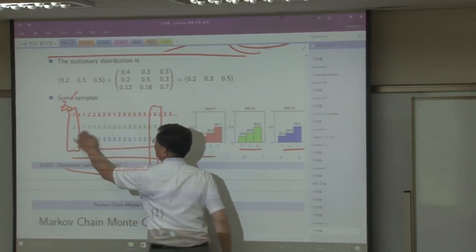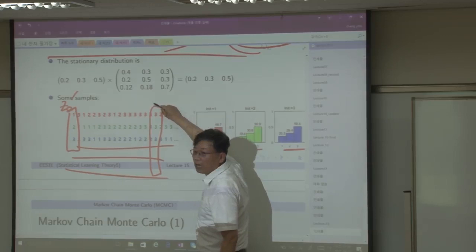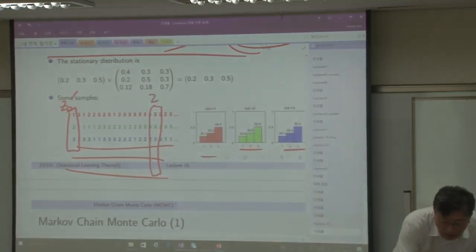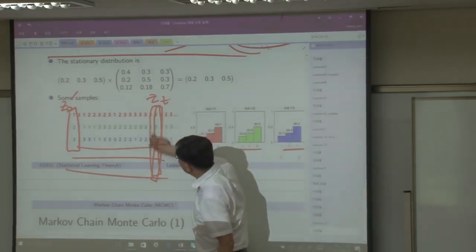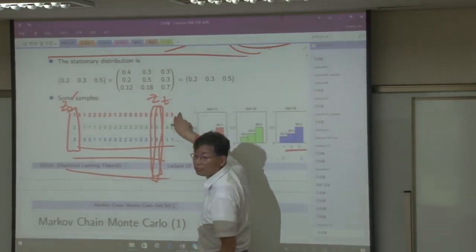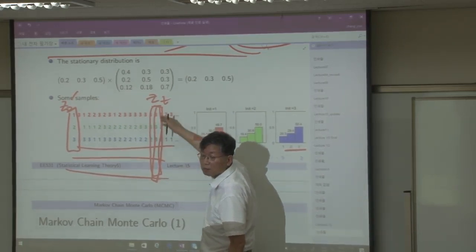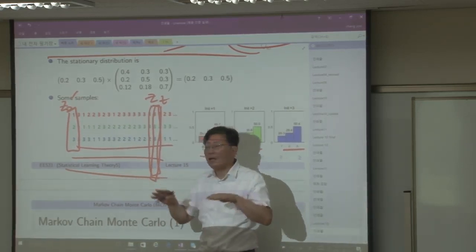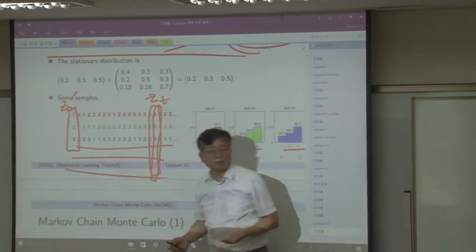I have many cases with different starts, and if I look at some time, let's say this is Z_T, this time T, that distribution has to be the same as the distribution at the next time after the transition, right?